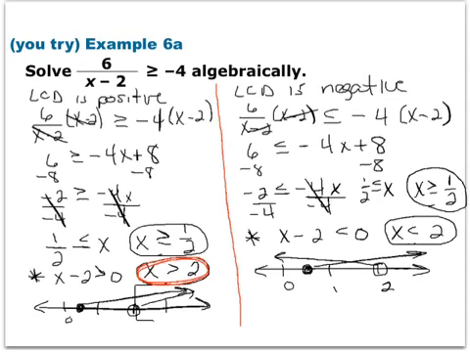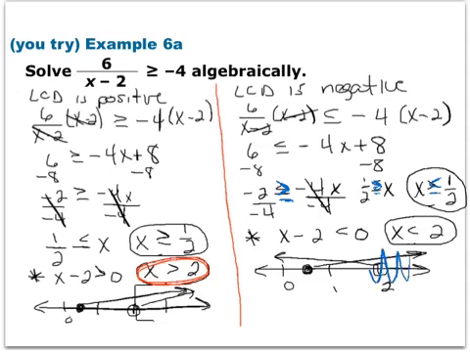I pushed pause for a second because I found a mistake. I wonder if I get an extra credit point. I divided both sides by a negative, and I forgot to flip my inequality. See it right there in blue? So this one goes this way, and this one has to go that way.